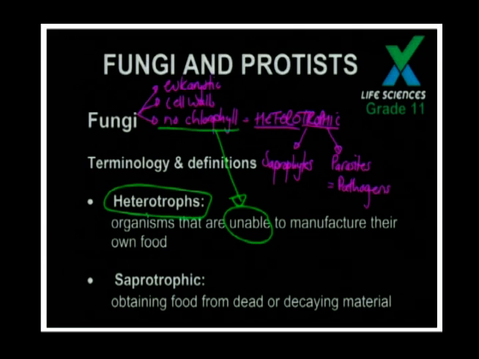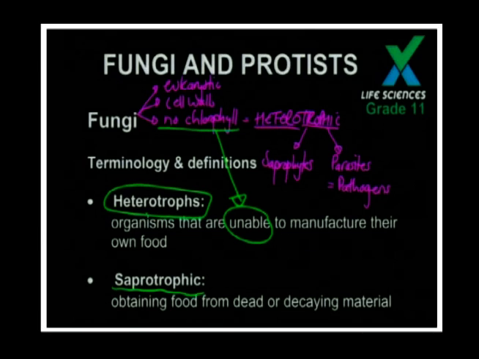Fungi find food in one of 2 ways. First of all, some of them are saprotrophic or saprophytic. This means that they get their food from dead or decaying organic matter. And remember that as they obtain their food, they decompose the organisms on which they are growing. Other fungi may be parasitic, where they use a host to obtain their food.